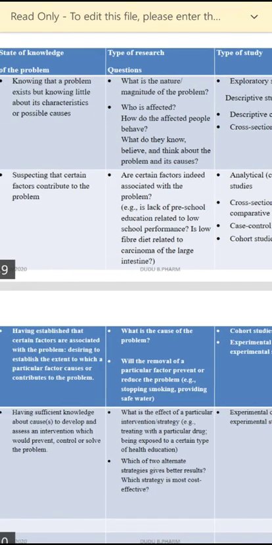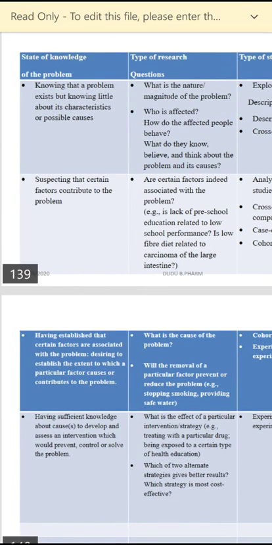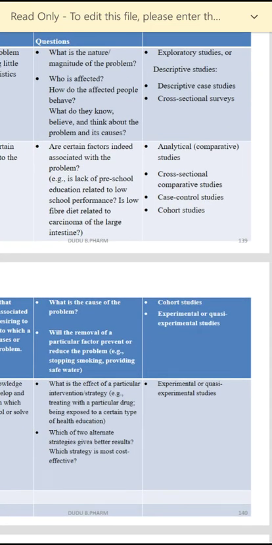Now, when it comes to the type of study, you have seen the state of knowledge of the problem: suspecting that a certain factor is contributing to the problem, for example carcinoma of the large intestine, and thinking a certain factor is indeed associated with the problem. Now, analytical or comparative studies: cross-sectional comparative studies, case control studies, cohort studies.